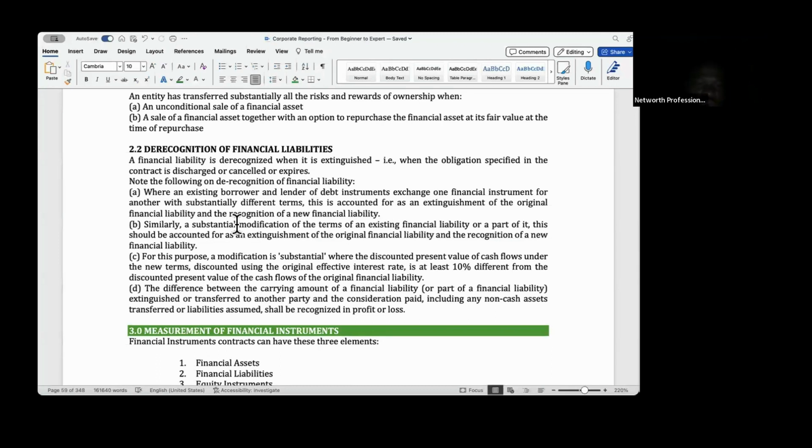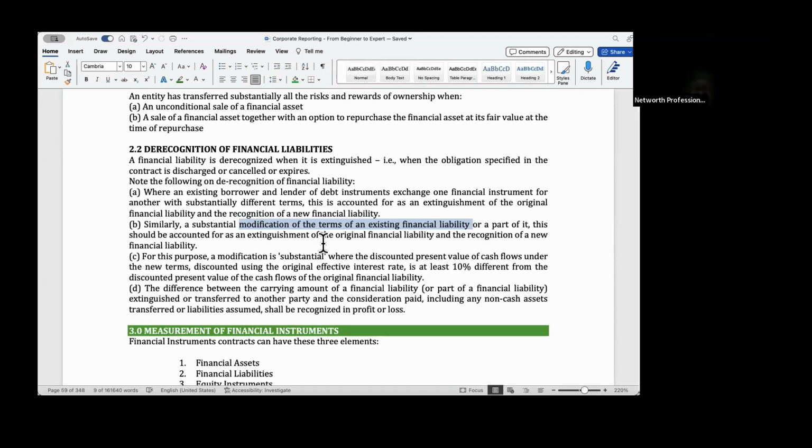Another one is when you modify the terms of a financial liability. We are talking about maybe you changed the repayment period. Maybe you're supposed to pay in the next 5 years, and you asked them to give you an extension, or maybe you're supposed to pay interest at 10%, and you requested that they make it 5%.